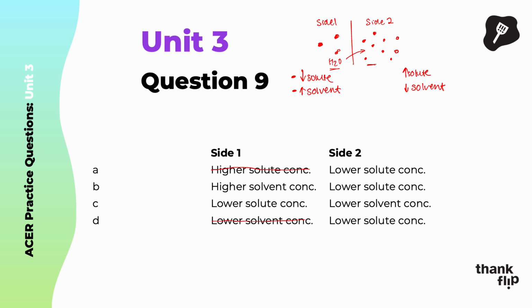So we can eliminate option D here because that says lower. Okay, so these two are technically correct for side 1, but let's look at side 2. So side 2, we know that we need to have lower solvent concentration. So this one meets that. Here we need to have higher solute concentration, and this one says lower, so we can eliminate this. So then our answer is C.